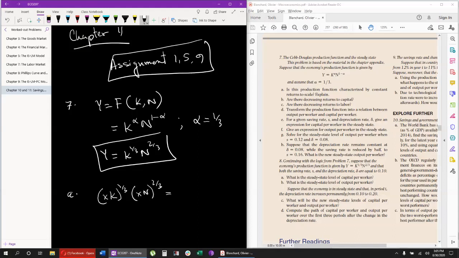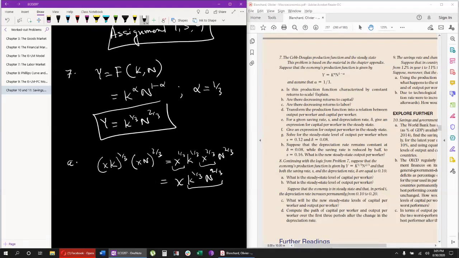If we simplify this, this gives us x to the power 1 by 3, k to the power 1 by 3, x to the power 2 by 3, n to the power 2 by 3. And so this and this we can combine, and that becomes x times k to the power 1 by 3, n to the power 2 by 3. This much is y, right? So we end up with x times y.